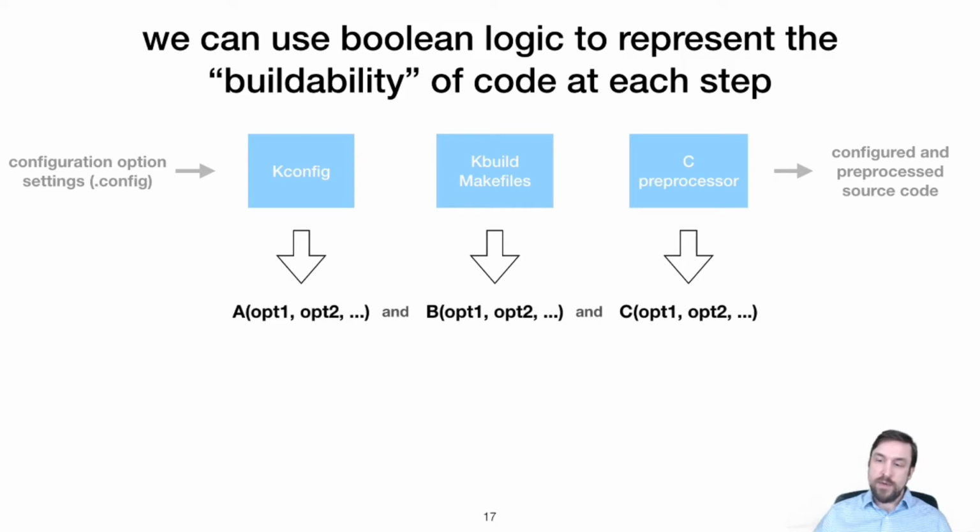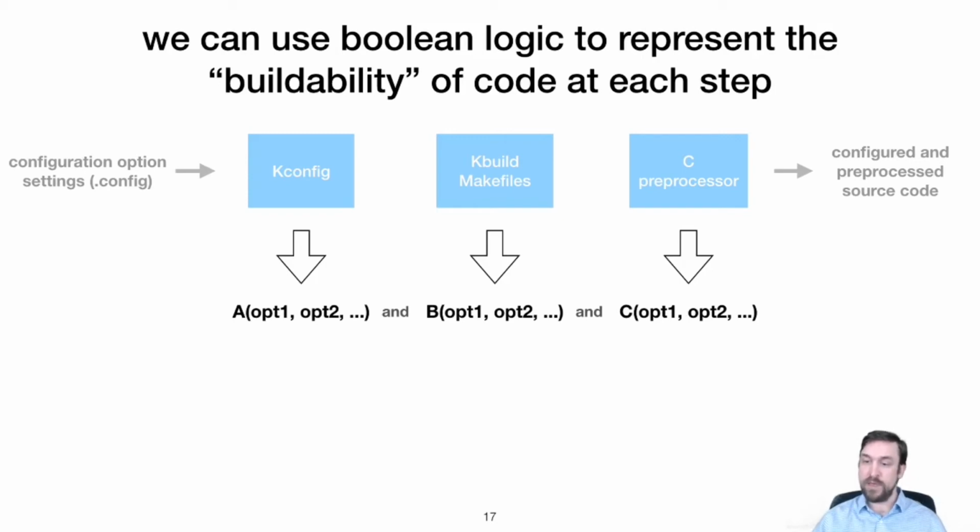So if we can reduce each of these phases to a Boolean formula that says true when the source is buildable or false when it isn't under some configuration option settings, then that captures exactly what we need to do configuration localization. So imagine that we have these giant Boolean formulas for each phase that take in every configuration option and evaluate to true when a piece of source code is buildable under that configuration, and evaluate to false if it is not buildable.